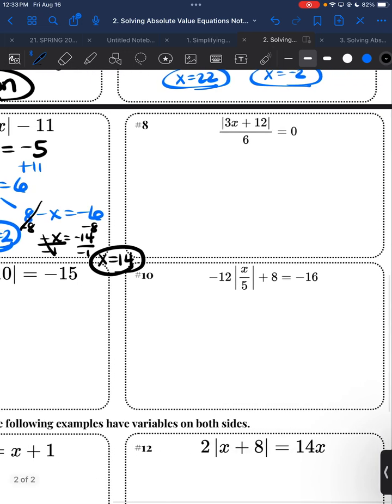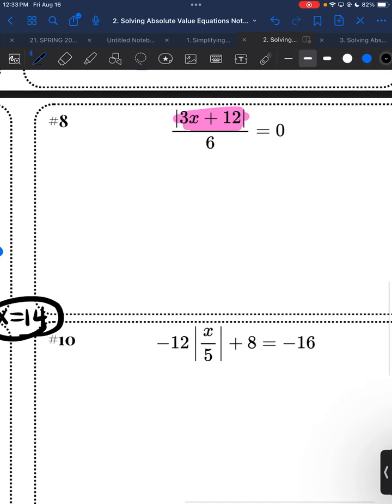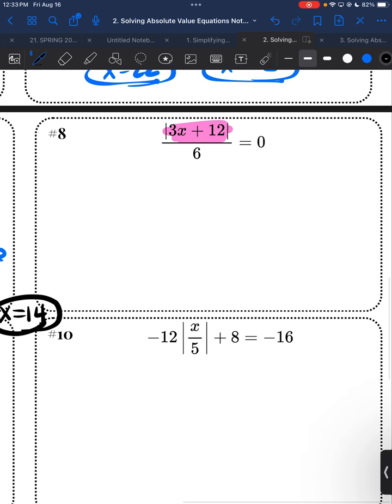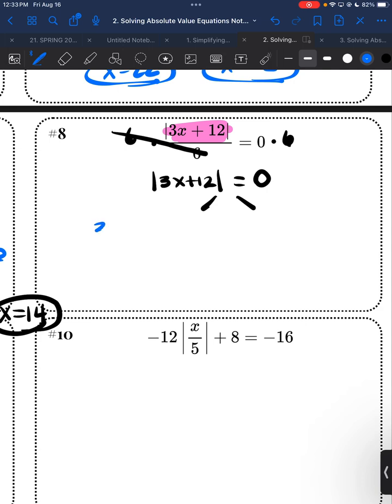Okay, number 8, I'm going to isolate the top. So to get rid of the 6, the 6 is dividing by 6, the opposite would be to multiply by 6. These cancel out. 0 times 6 is 0. We split it. On the left, I have this.